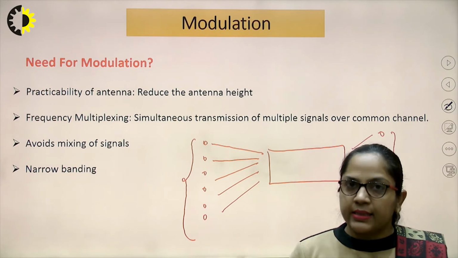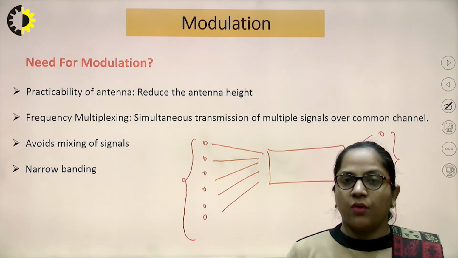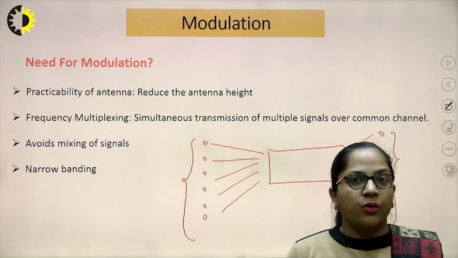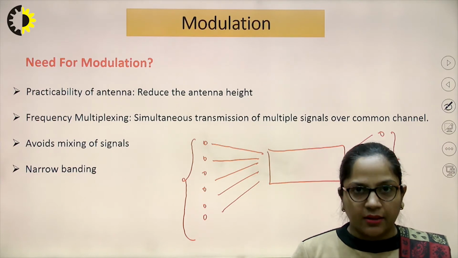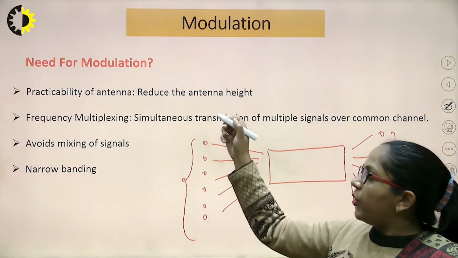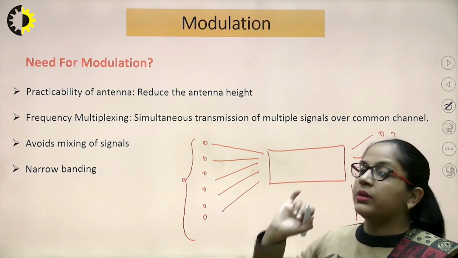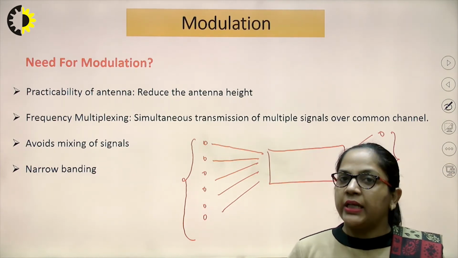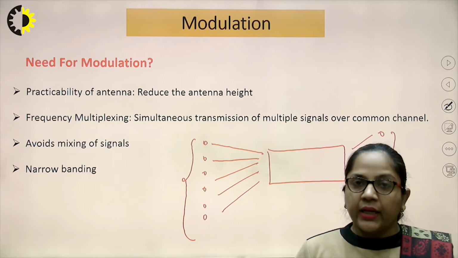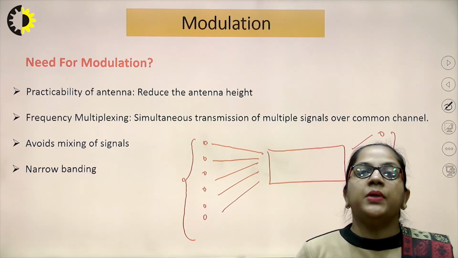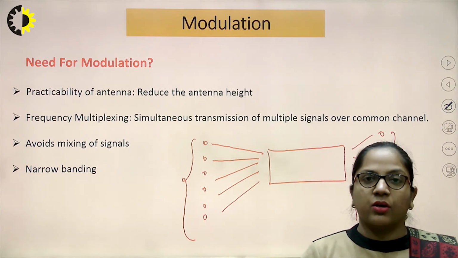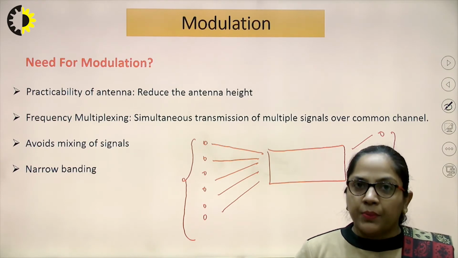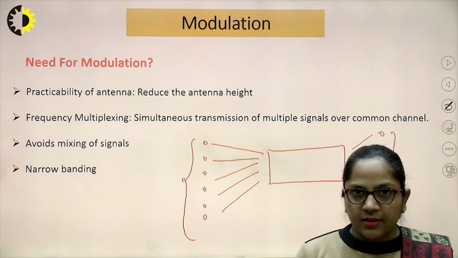Sending many signals simultaneously over a common channel without any interference. So modulation will help us to reduce the height of the antenna, which is very important if we are transmitting our information wirelessly. It will help us in sending multiple signals over a common channel, and it will help us to reduce the interference.